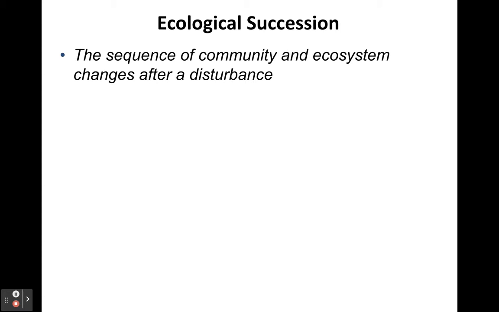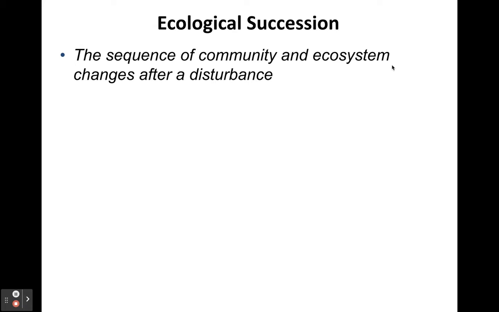The ecosystem includes a bit more than that. It includes all of the community, but it also includes the non-living components of an ecosystem. So in ecological succession, we're going to see changes in what species are present and what species dominate the ecosystem, and we're also going to see changes in the abiotic components of the ecosystem.